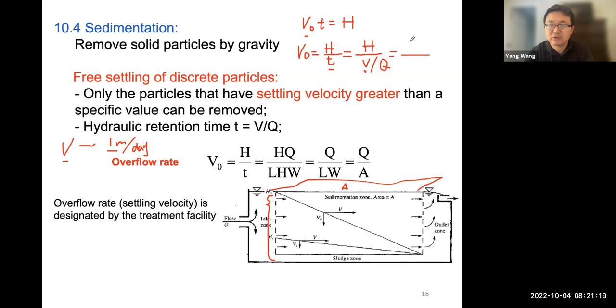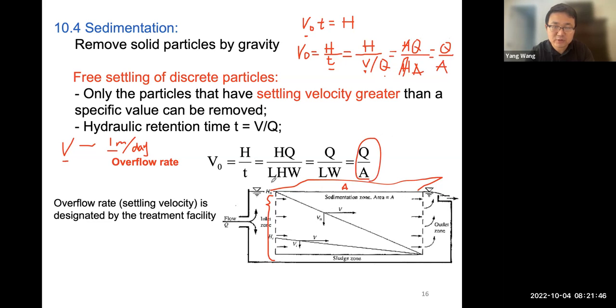If you move the Q to the numerator, you have H Q, and for the volume you have H multiplied by A. The H gets canceled, and you just have Q divided by A, which is the equation shown here.